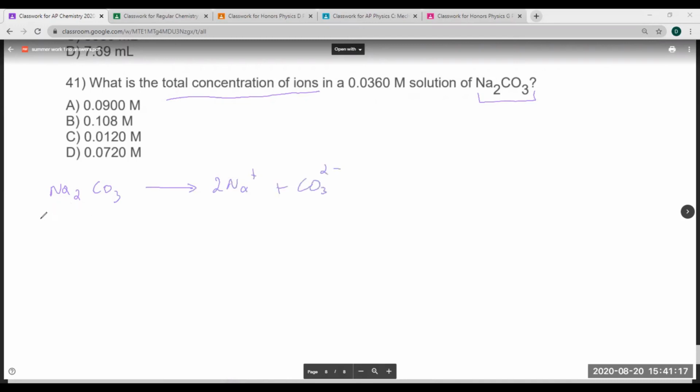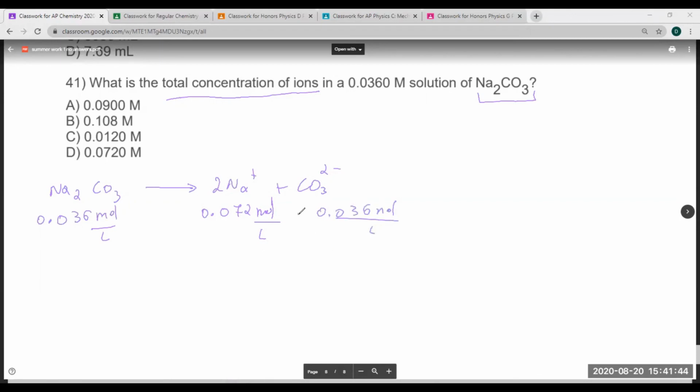So we are starting with 0.036 moles per liter. So this means that we have 0.072 moles per liter, and this is 0.036 moles per liter.